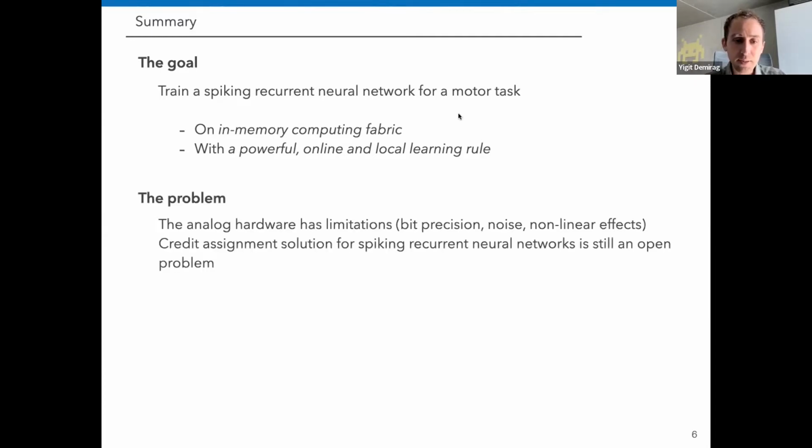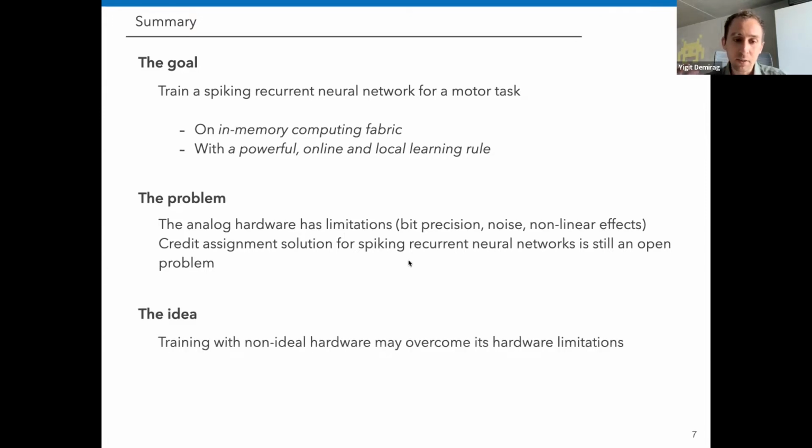The problem is that analog hardware has limitations. It has the bit precision problem, it has the noise problem, and there are some nonlinear effects due to the non-idealities of the hardware. And for training, the problem is really unsolved currently, because the credit assignment solution for spiking recurrent neural networks is an unsolved challenge.